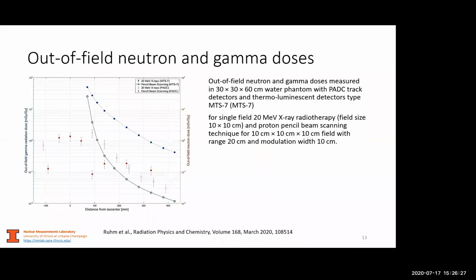So the RBE is very important, and it does not only apply in reality to the primary beam. As a matter of fact, when we think of radiotherapy, we must take into account that together with the primary beam, a non-negligible amount of secondary radiation is delivered to the tissue.